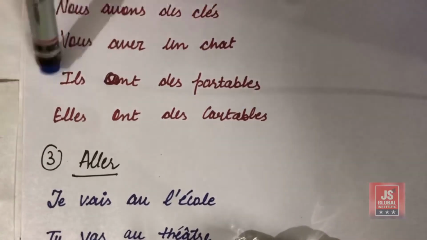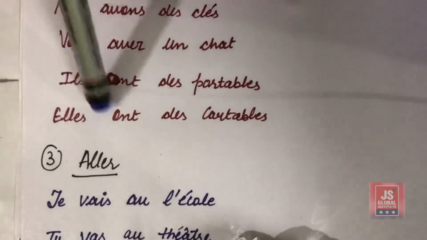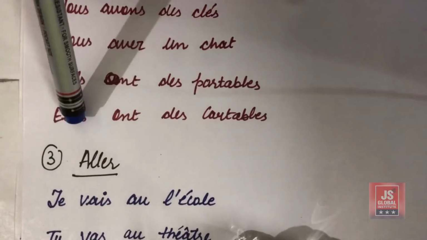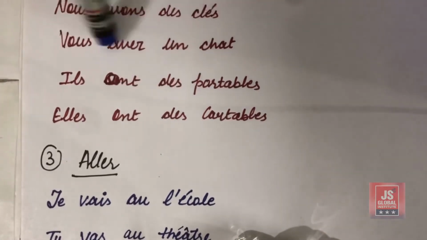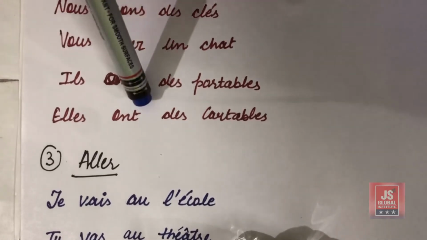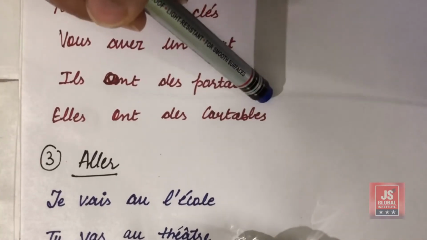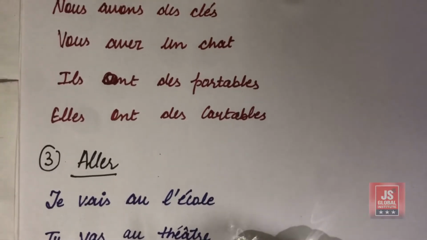Okay, so here ils is basically referring to the masculine plural, elles is referring to the feminine plural, and they both mean they in English. Ont is the respective conjugation of the avoir, that is subject plus verb plus object. Okay, that is the structure remains the same for the avoir verb.